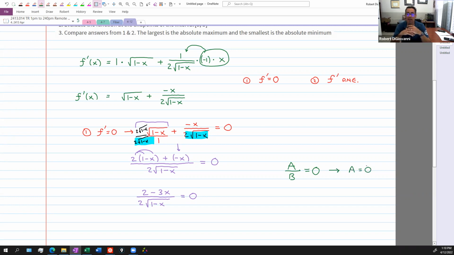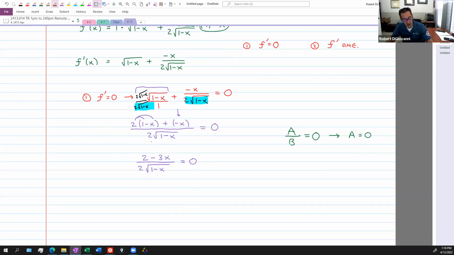Let me say that again. A fraction can only be 0 if the numerator is 0. So right now, I have a fraction equal to 0, so I only have to look at when the numerator is 0. I do not have to look at the denominator. So my next line is just going to be to take the numerator and set it equal to 0.